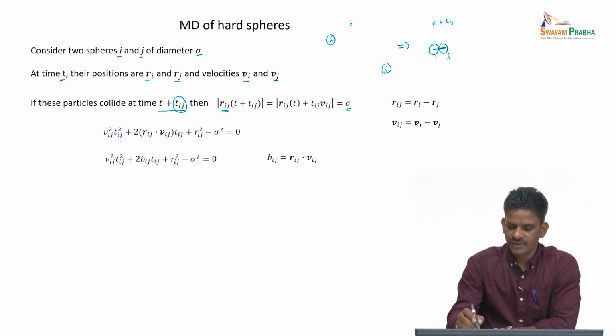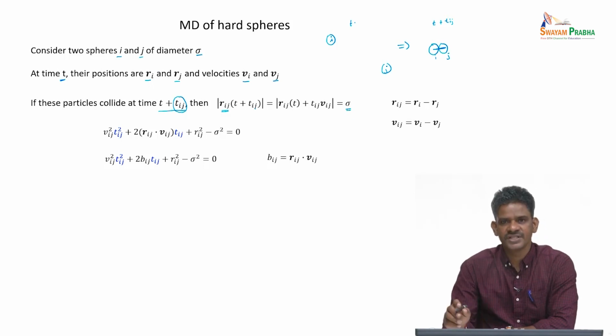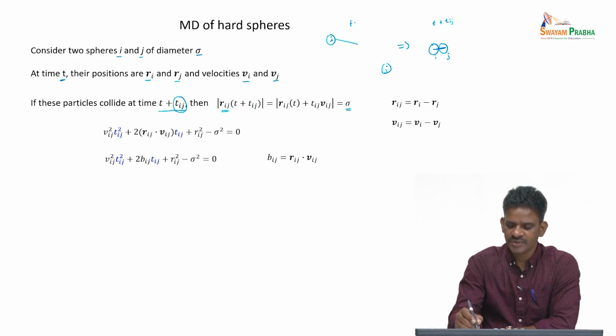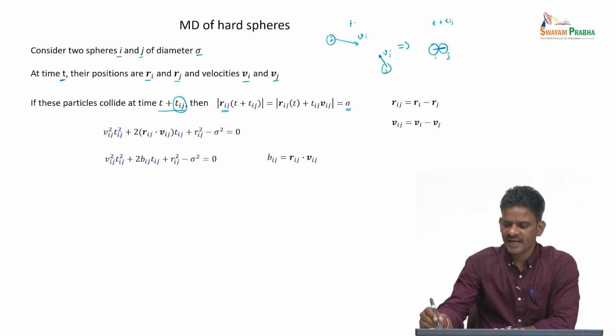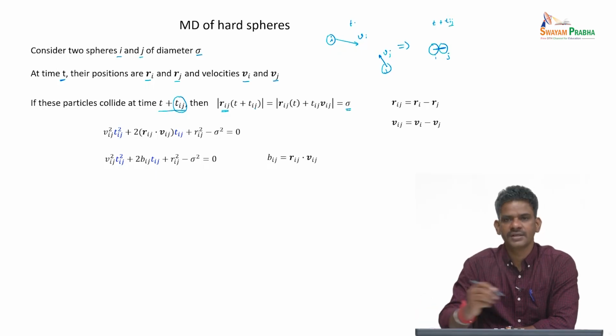So from t to t plus Tij, each of these particles would have moved at a constant speed, because they do not have any force acting on them until they collide, and that is the feature of the hard sphere model. So this particle must be travelling at a constant velocity Vi, and this one at a constant velocity Vj, for a time Tij.